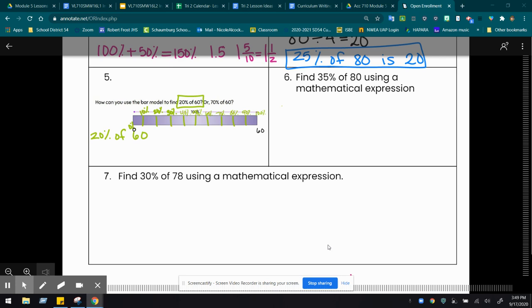All right, well, let's think about what we just did. We did 100% divided by 10 is 10%. So I'm going to divide the 60 into 10 pieces as well. And that equals 6. That means that there's 10 sixes inside 60.